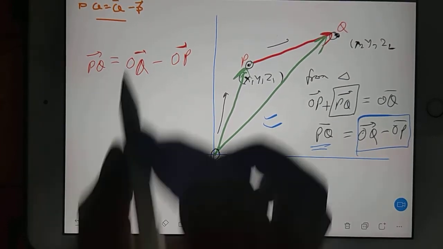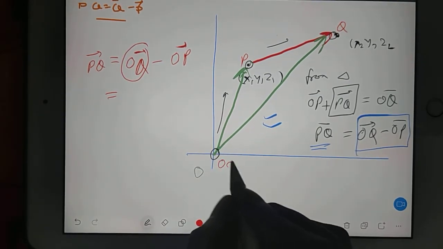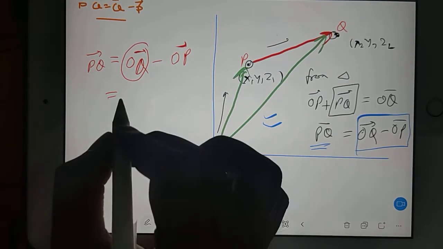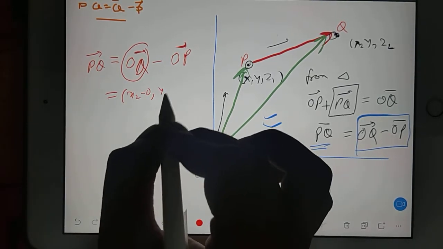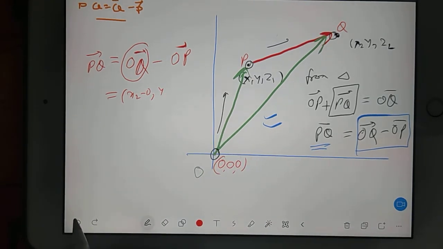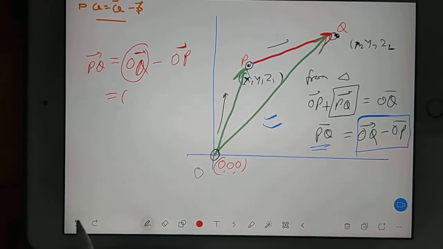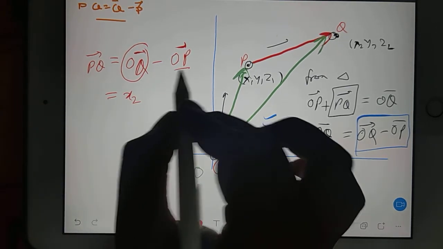Okay. So this OQ value is nothing but this 0, 0, 0, right? So you will do like this: x2 minus 0, y2 minus 0, and you write directly because we know 0. So you write x2, and here you have OP, right?